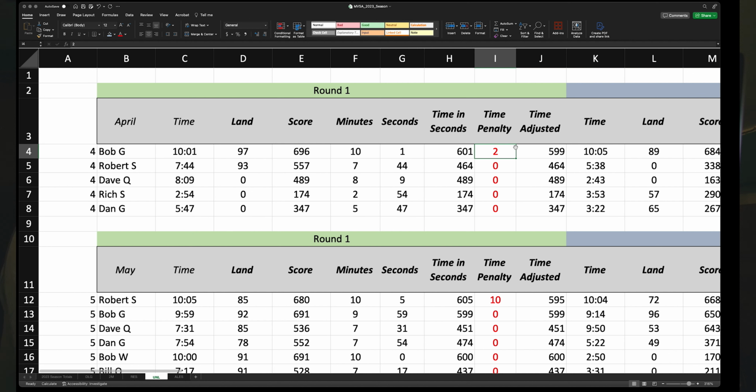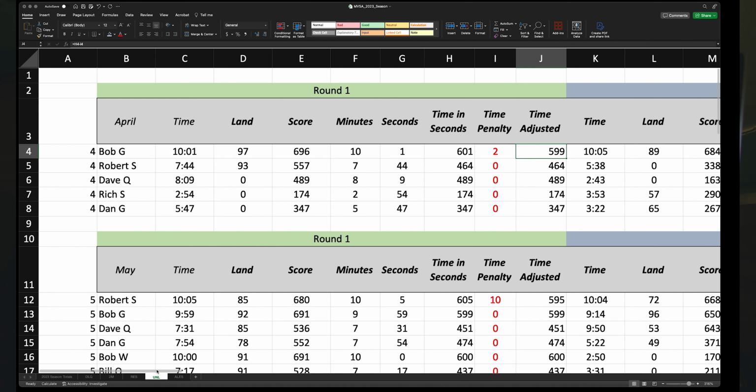And the reason why we have to give him a 2-second penalty is because really it's 600 minus 1 would be the adjusted score. But in order to do that on this spreadsheet and do it properly, you have to give him double that. And so you have to give him not a 2-second penalty, but you have to adjust it accordingly so it'll come out to a good number. So this is his adjusted time right here.